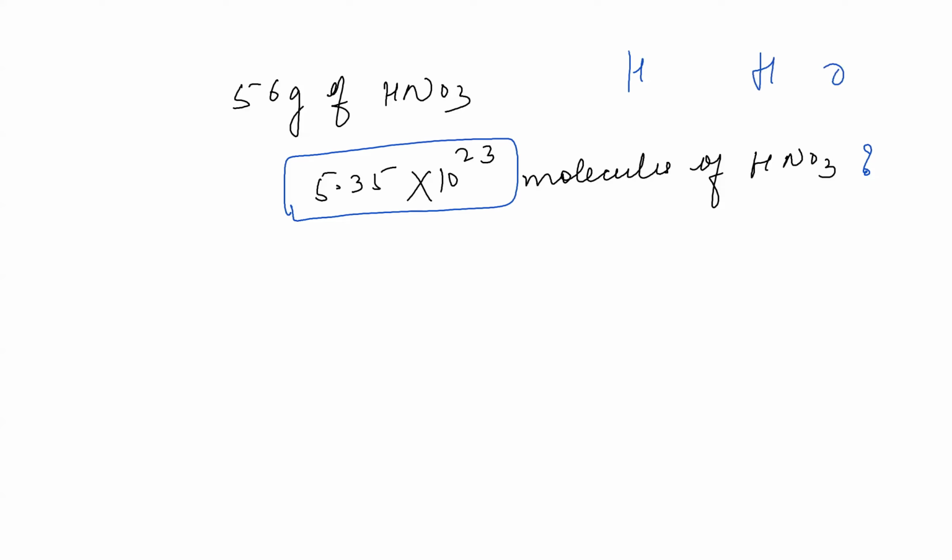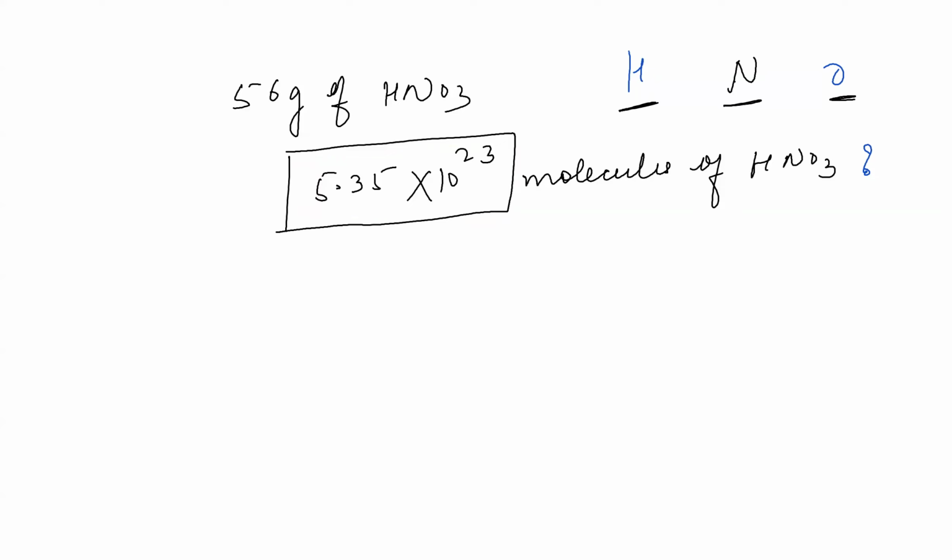So we will have some atoms of H type, some atoms of N type, some atoms of O type. You understand my point? So if you have 5.35 into 10 raised to 23 molecules, you tell me.